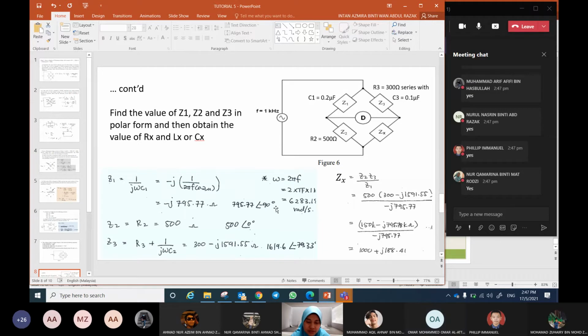Press shift and then how to convert it to polar form?